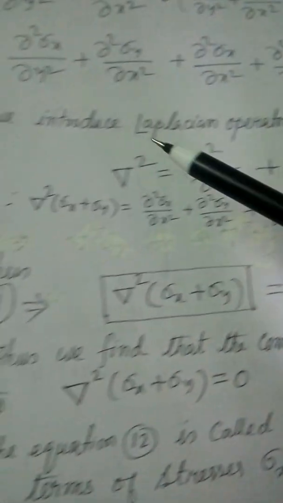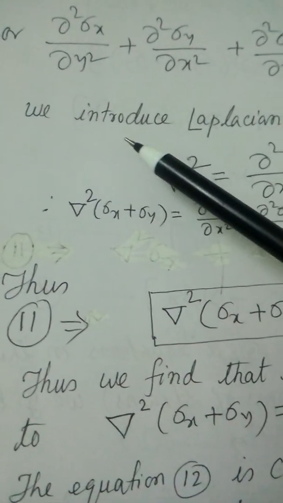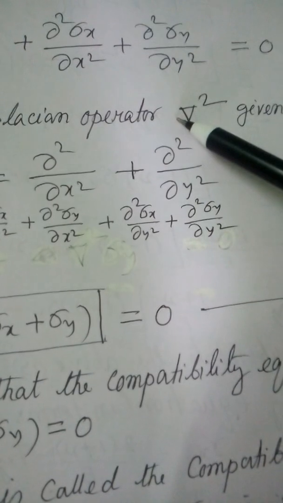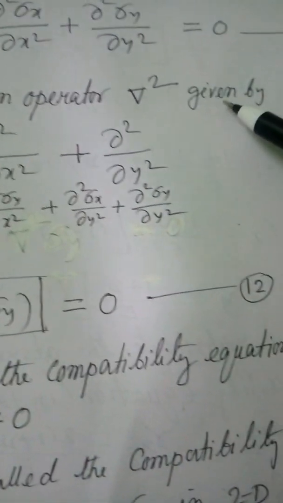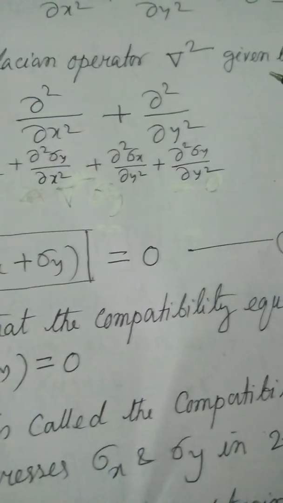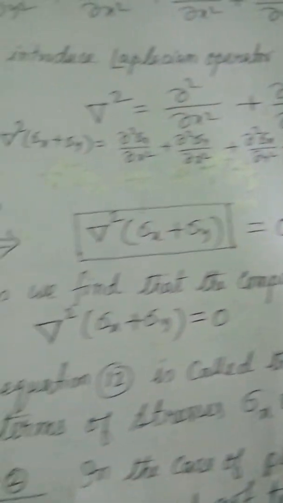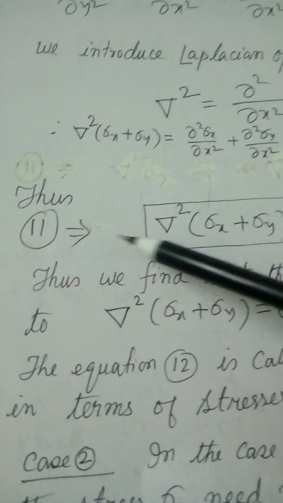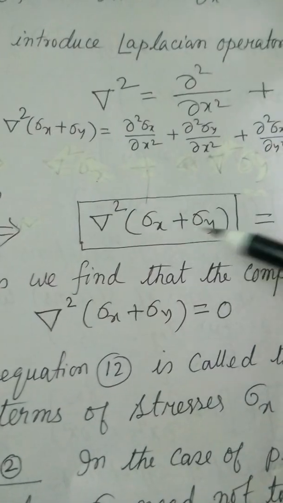In this equation number 11, if we introduce the Laplacian operator, del square given by this one, this operator is this one actually. So this one will be equal to this one. The left hand side of equation number 11 is nothing but this one.